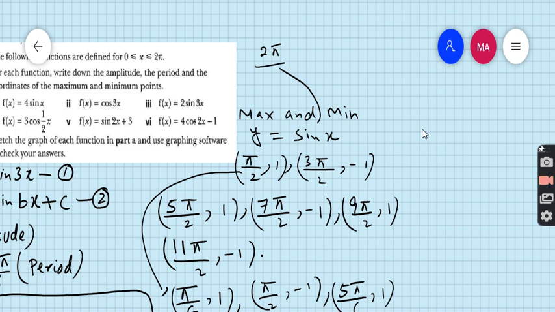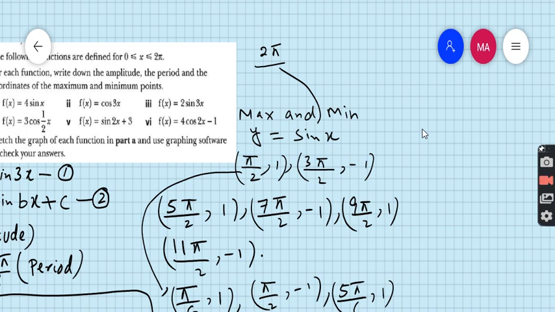This is the simple sin x function which has period 2 pi. Now write all the maximum and minimum values of sin x. You know the maximum value of sine is 1 and the minimum value of sine is minus 1.